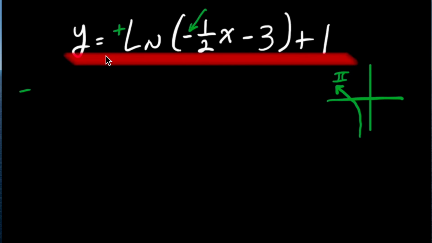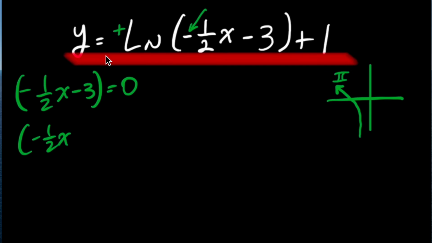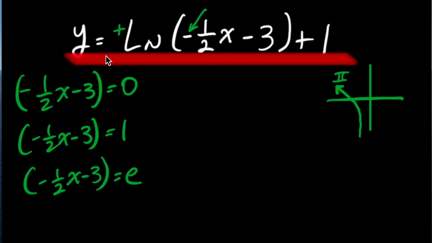First thing we do is we set the argument to 0 to get our vertical asymptote. We then set the argument equal to 1. And finally, we set the argument equal to the base, which in this case is e because we're dealing with natural logs.